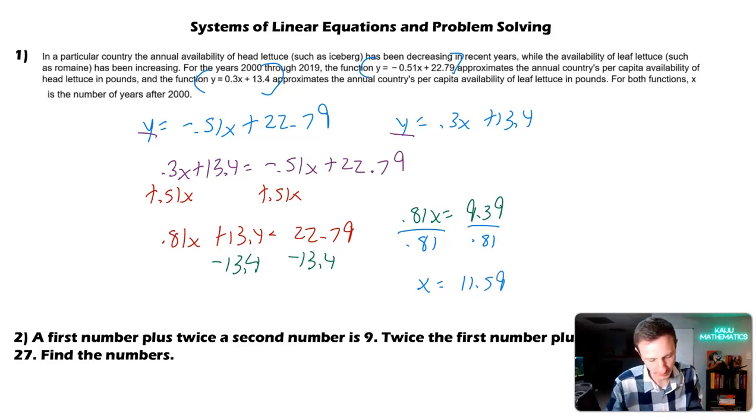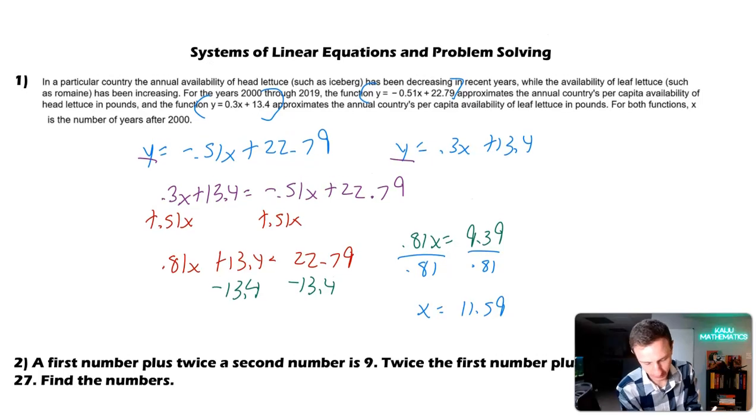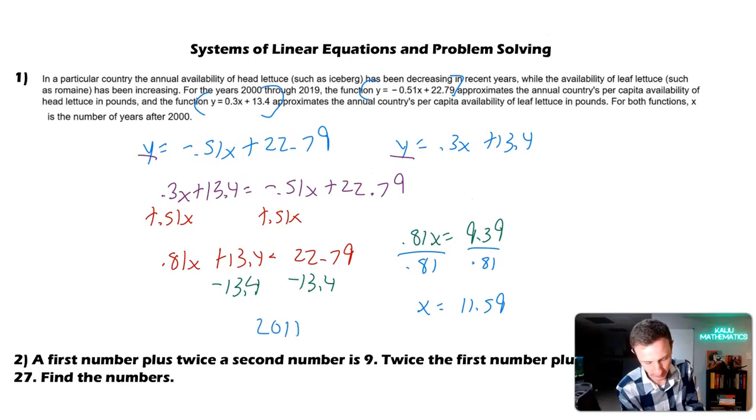So 11.59 is x. That means after 11.6 years these will be equal. Since x is the number of years after 2000, and we got an x value of 11.59, that puts us right in about 2011, somewhere in June or July of 2011.